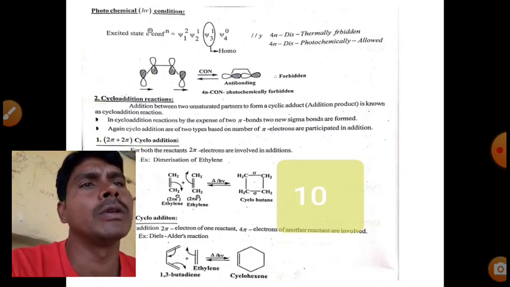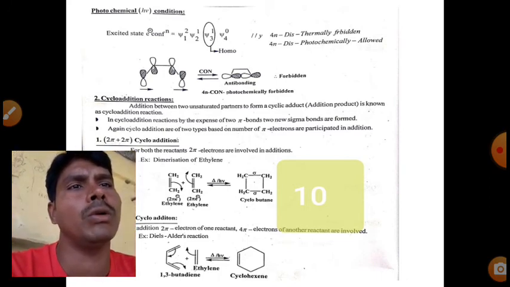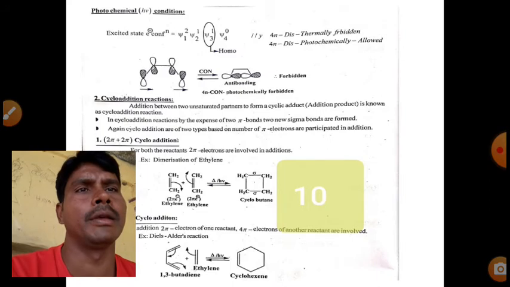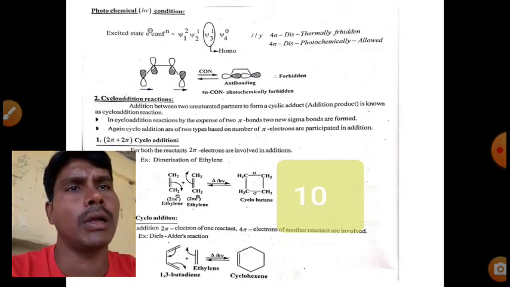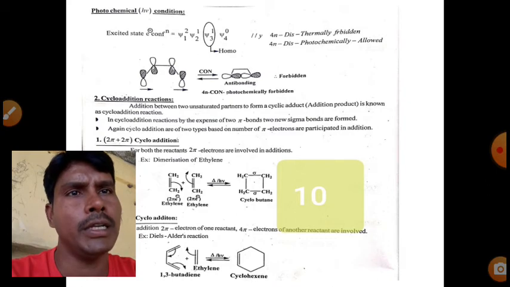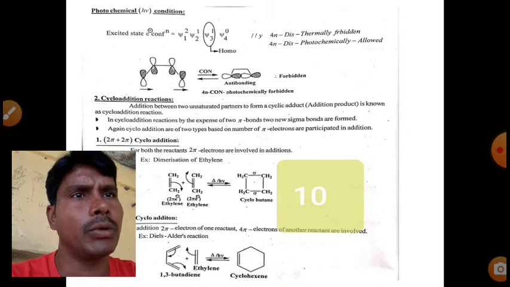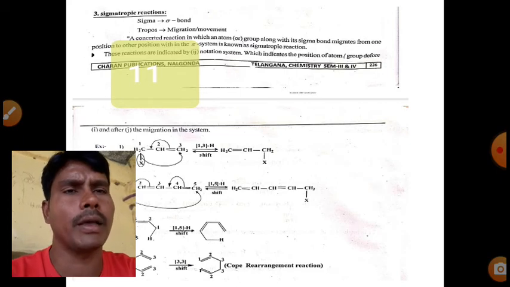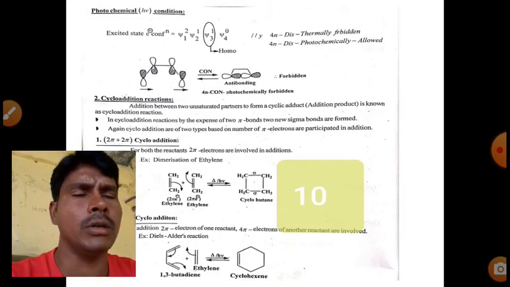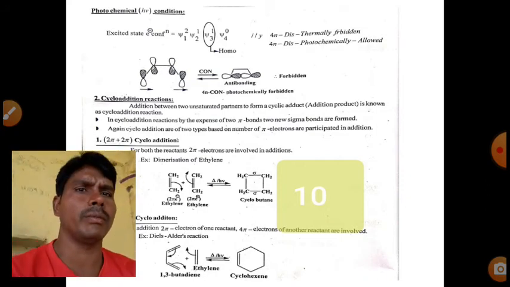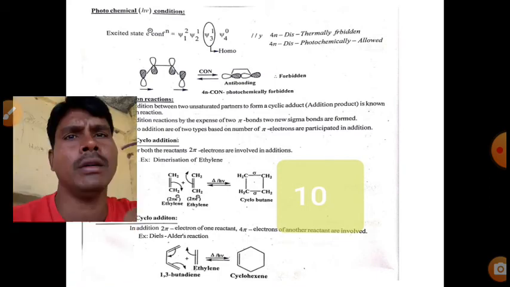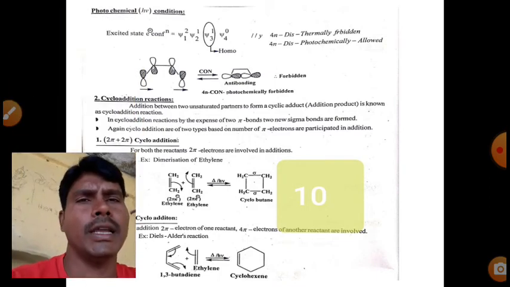So don't confuse: if disrotation is allowed, conrotation is automatically forbidden, and if conrotation is allowed, disrotation is automatically forbidden. So 4 pi system photochemically, disrotation is allowed. So this is the FMO approach for electrocyclic reactions. Next one, cycloaddition reactions.